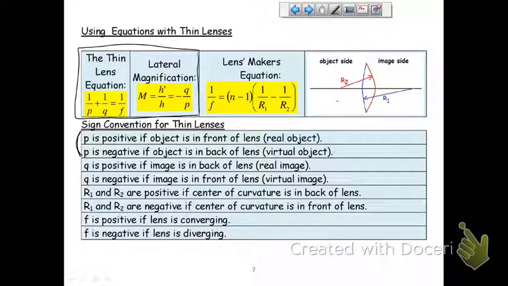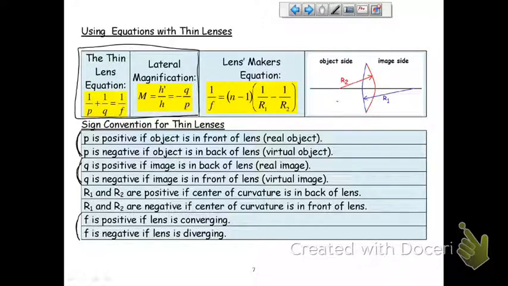The p is positive if the object is in front of the lens. Well, that's what you'd expect. And the q is positive if the image is in the back of the lens, which is what you'd expect. And forget these r's. The f is positive for a converging lens, and it's negative for a diverging lens. So there's a bit of memorization there.